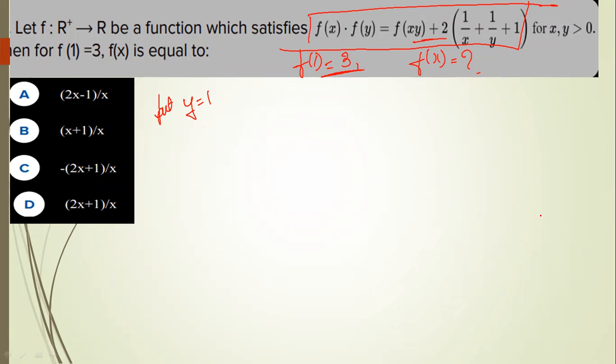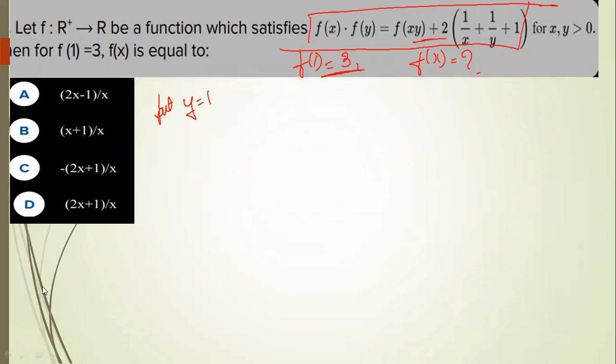In the given equation, you put y is equal to 1.